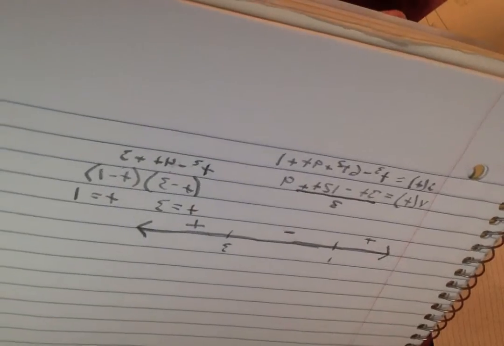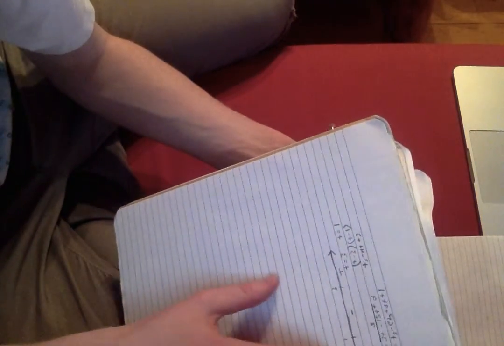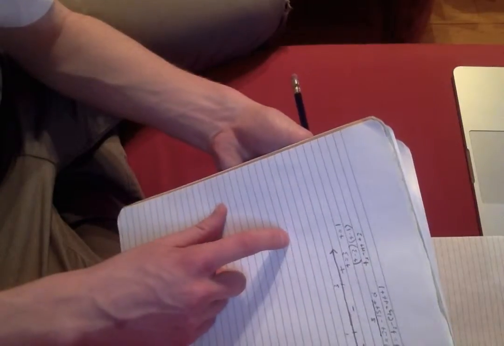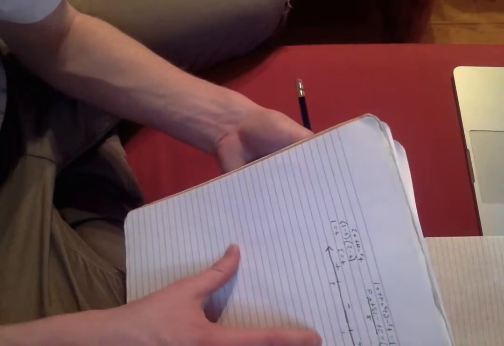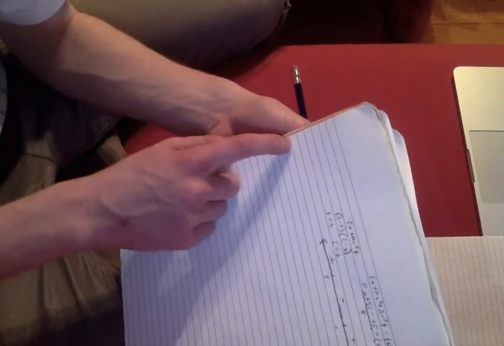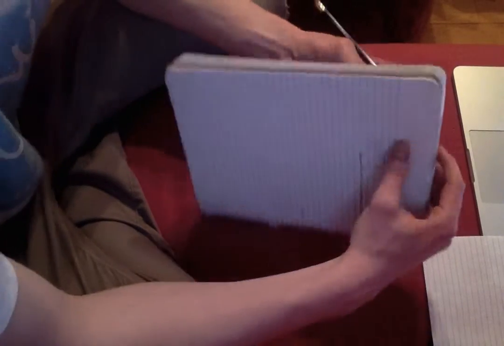So here is our directional movement, right or left. So it's going to go right, stop at t equals 1, move left until t equals 3, and then move right. So then we have that part of the graph.